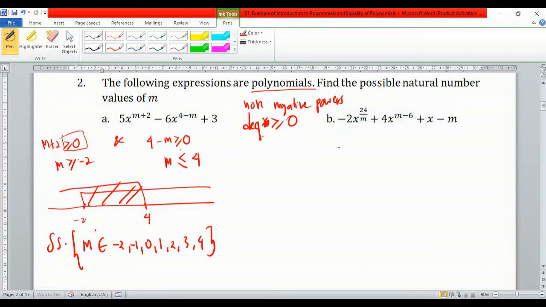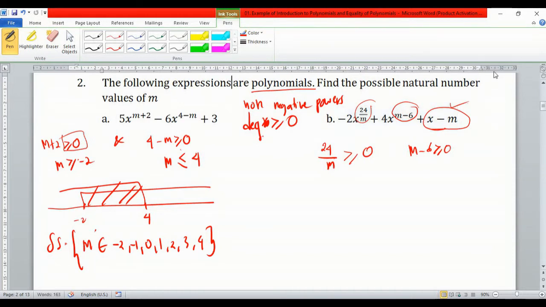So from here, how about number b? Remember that 24 over m should be more than or equal to 0, and then m minus 6 more than or equal to 0. You may be curious why we are not counting x minus m, because we just need to use the powers. Why? Because we don't know how to solve this if they can't be compared with each other.